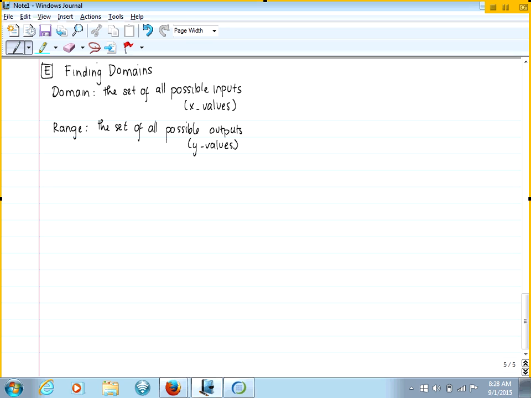Okay, how do you find domains of a function defined by an equation? So I should change my title: finding domain of a function defined by an equation.